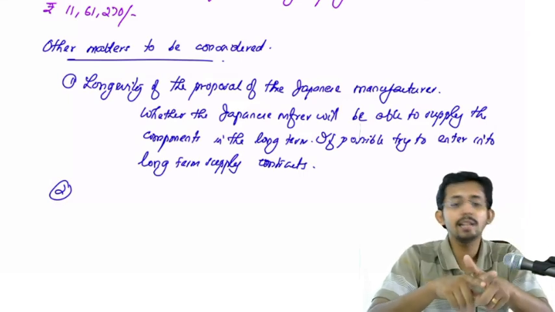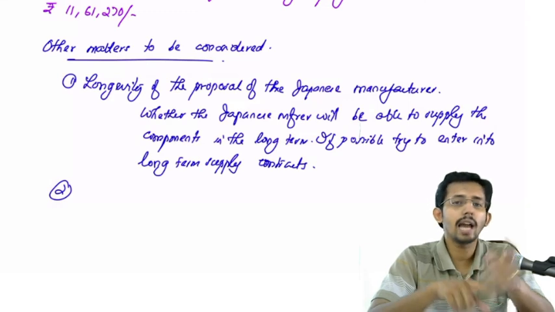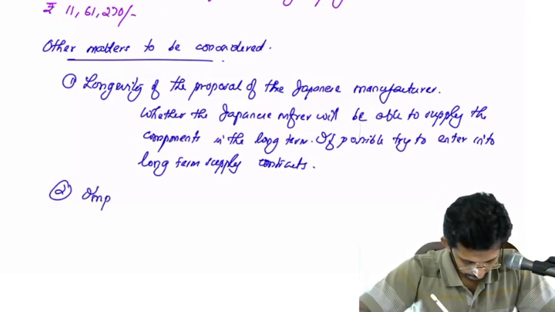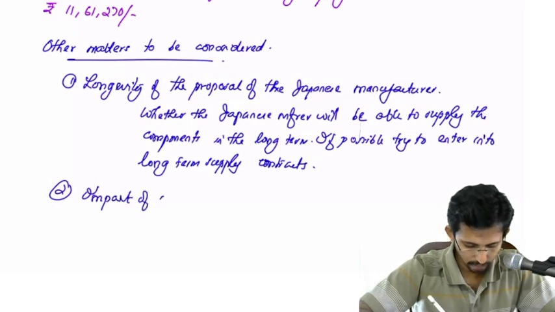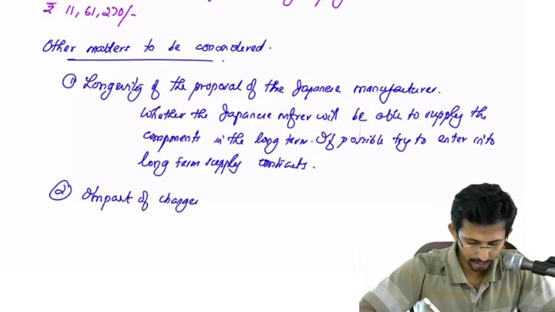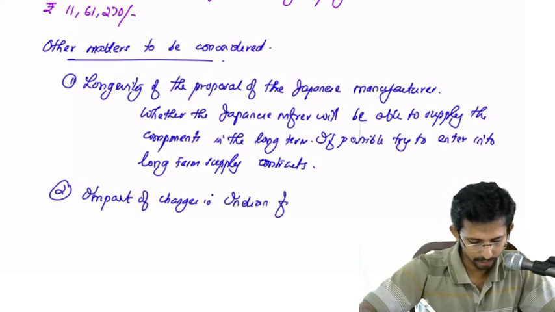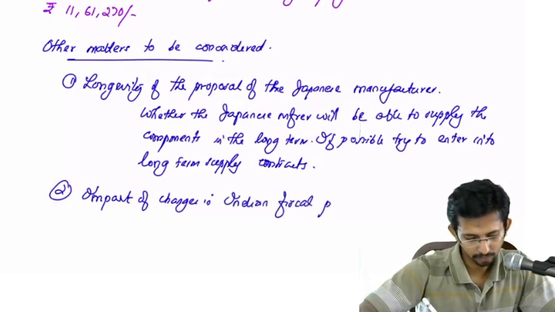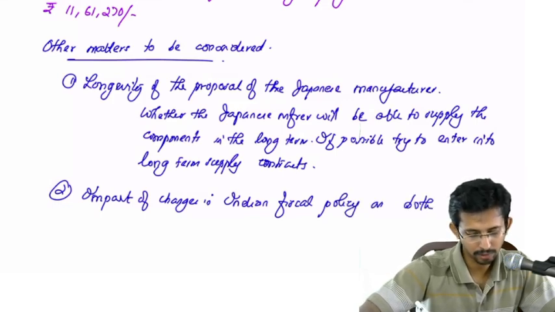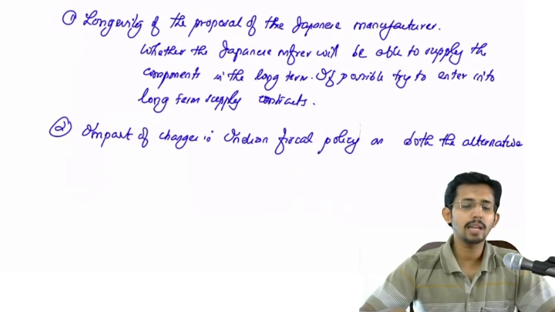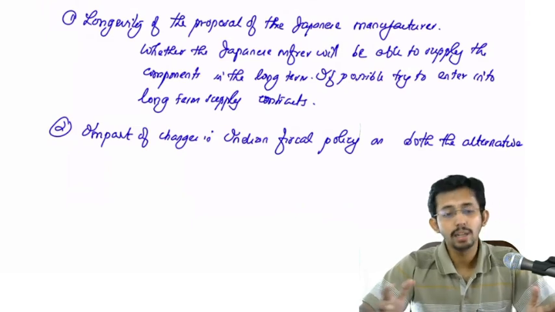So the fiscal policy in India will have an impact. So you can write impact of changes in Indian fiscal policy on both the options, both the alternatives. You have 2 alternatives, and the fiscal policy may be affecting both the alternatives.